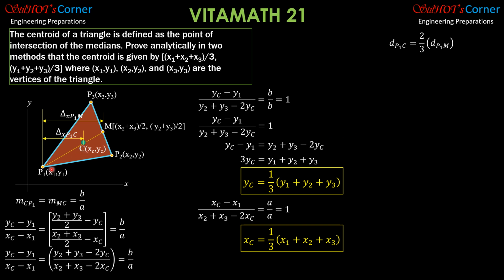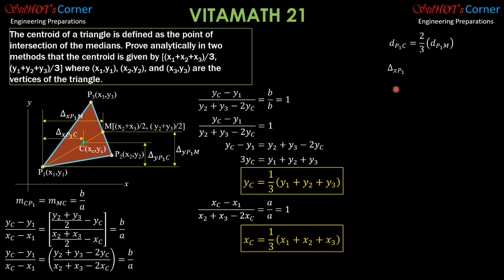Likewise, for the vertical components of distance P1C, that is delta y P1C, and that is equal to y sub c minus y1, upper y minus lower y, and delta y P1M is (y2 plus y3) over 2 minus y1. So that is, let's have the x component.